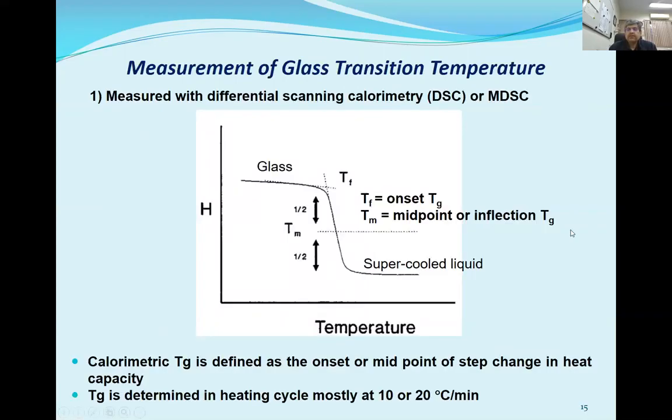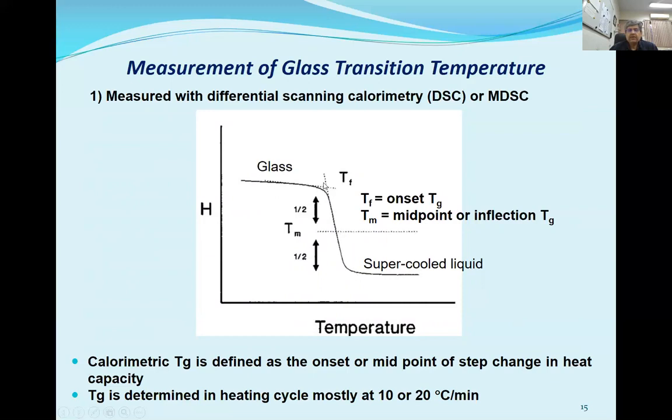So this is an example of how a calorimetric glass transition temperature looks when it has been measured using either a differential scanning calorimeter or a modulated differential scanning calorimeter. So this is the enthalpy and this is the temperature. As you are moving from the glassy state into the supercooled liquid state by heating the sample, there occurs this step change in the specific heat.